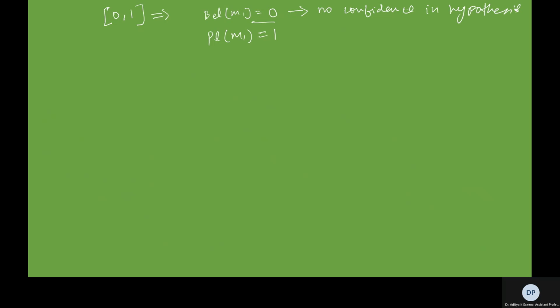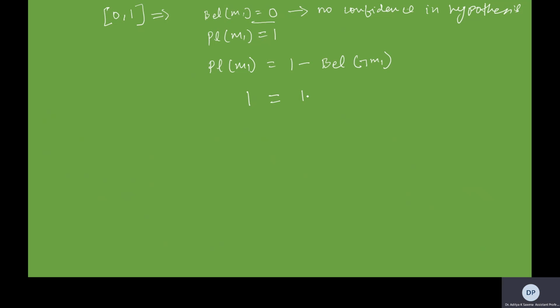Now, how did we calculate plausibility? We know the plausibility formula: plausibility of M1 is equal to 1 minus belief of negation of M1. Now, plausibility is 1.